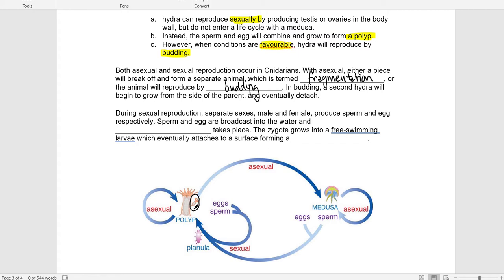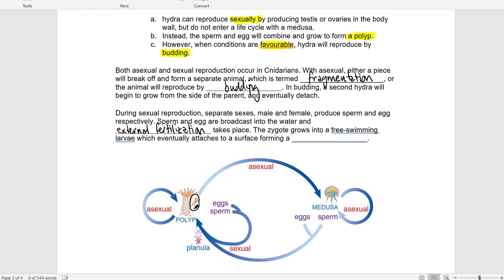During sexual reproduction, separate sexes, male and female, produce sperm and egg. Sperm and egg are broadcast into water, and it's external fertilization. Think of the obvious, like us: we do internal fertilization, right?